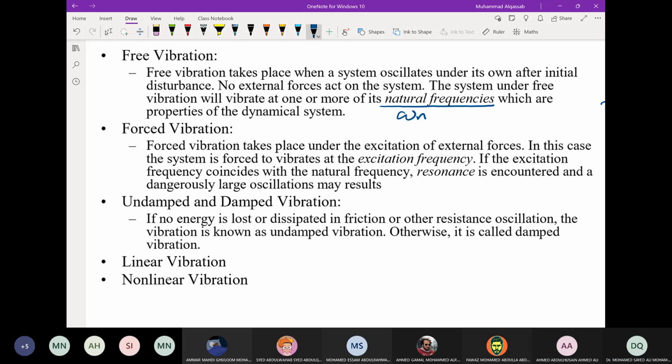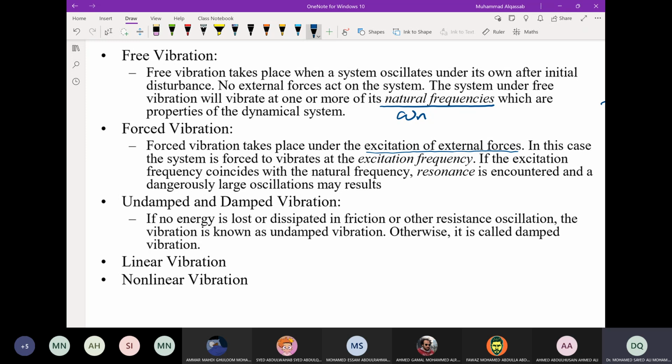The second category is forced vibration. Forced vibration takes place, here is the definition, under the excitation of external forces. I told you the meaning of excitation of a force, or force excitation. It means that there is a force exerted on the system with a frequency. That becomes excitation.